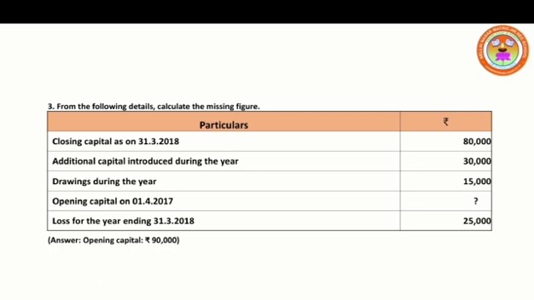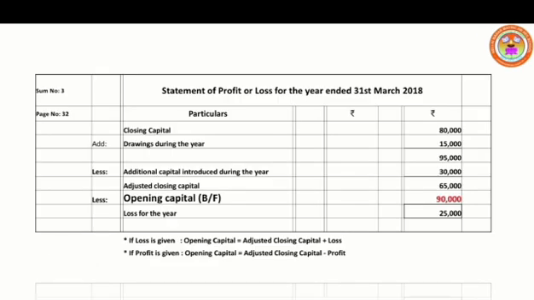Let me see how to find out opening capital. Write the heading in the center of the page, on a single side of our accountancy note. Statement of profit or loss for the year ended 31st March 2018. Provide particulars and amount columns.